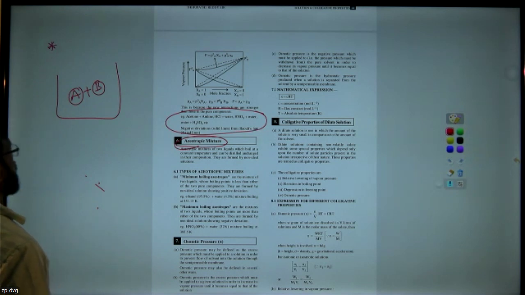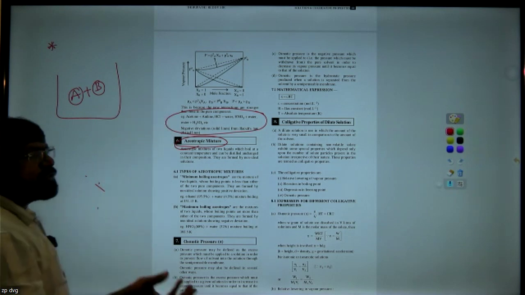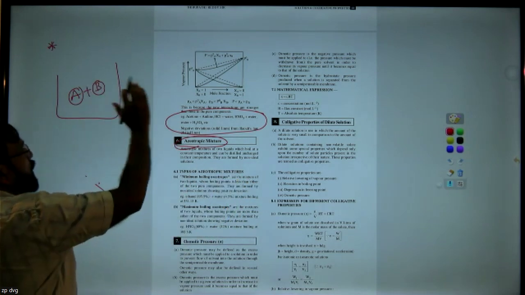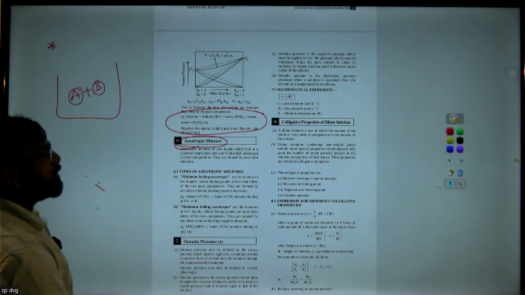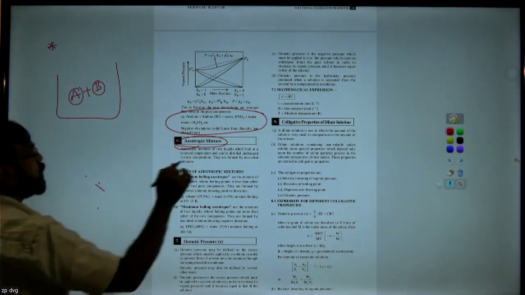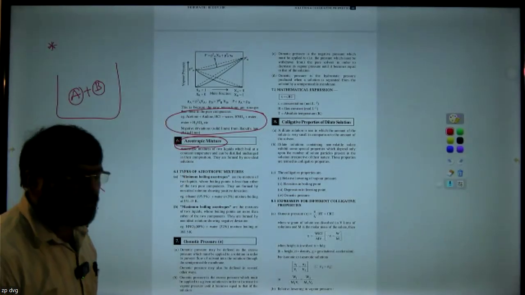But some solutions we cannot separate with the help of fractional distillation. Such types of mixtures are called azeotropic mixtures. So azeotropic mixtures we cannot separate by using fractional distillation.